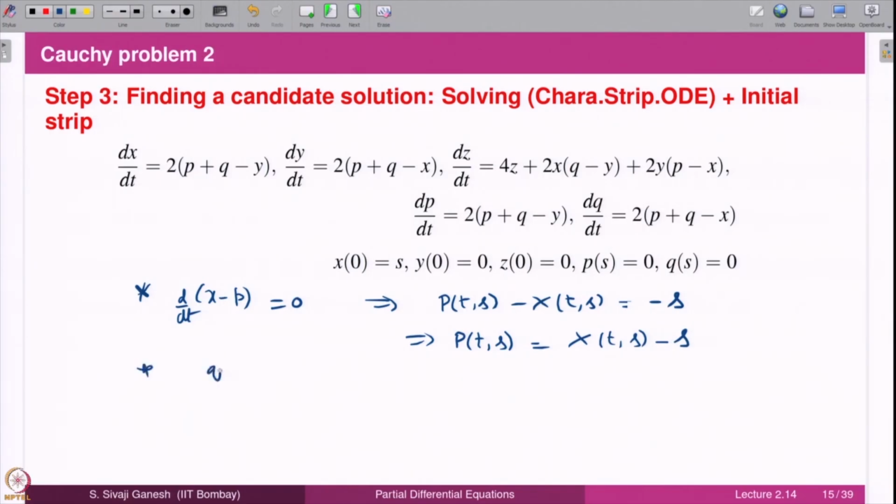So, y minus q, d by dt is 0. So, that will give us y minus q is constant, and what that constant should be? Here I am taking q equal to 0. So, it must be 0. So, therefore, I get q(t,s) equal to y(t,s).